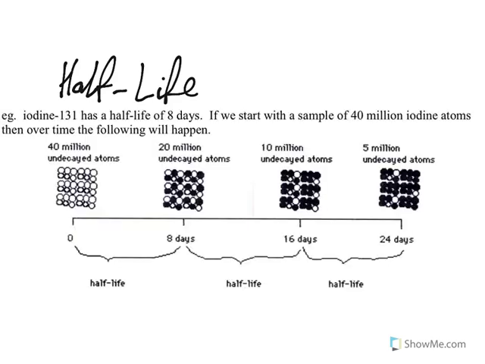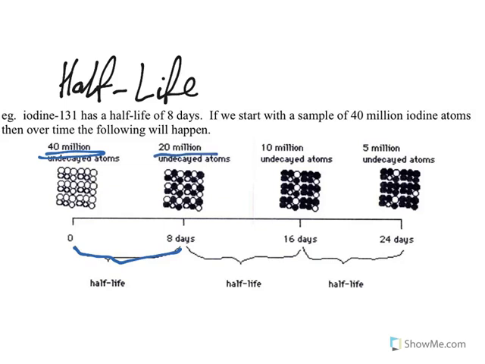An example of that is this one here. Iodine 131 has a half-life of 8 days. If we start over here on the left with 40 million undecayed atoms of iodine 131, then in 8 days, which is one half-life, half of that's gone, 20 million atoms left.